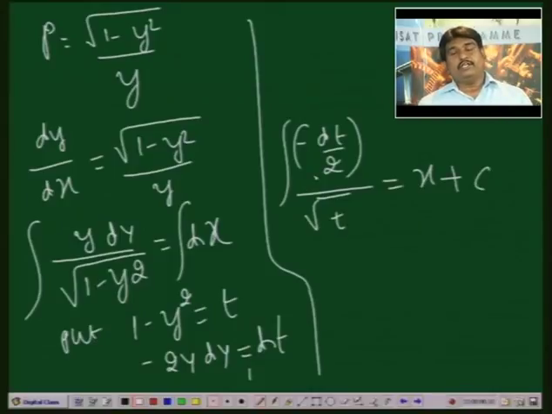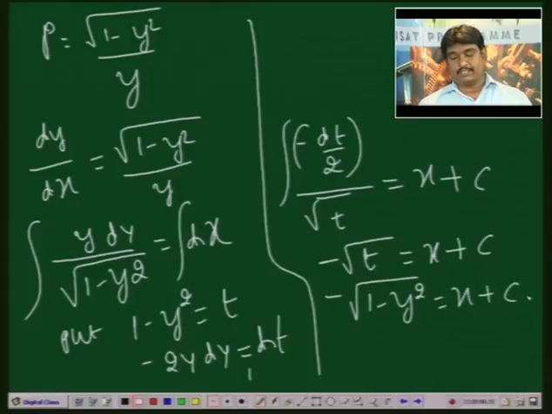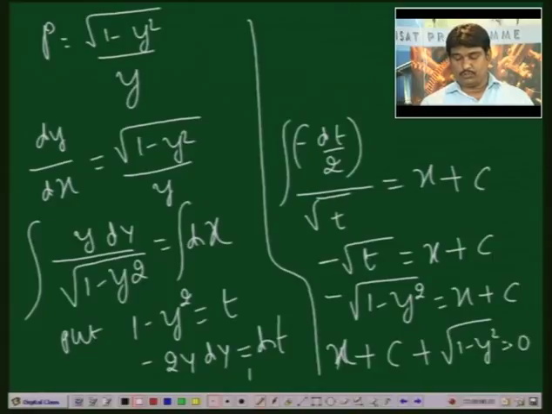This is integration of minus dt by 2 root t, and integration of 1 by 2 root t is root t. You will get minus root t equals x plus c. Root t is root of 1 minus y square, so x plus c plus root of 1 minus y square equals 0.